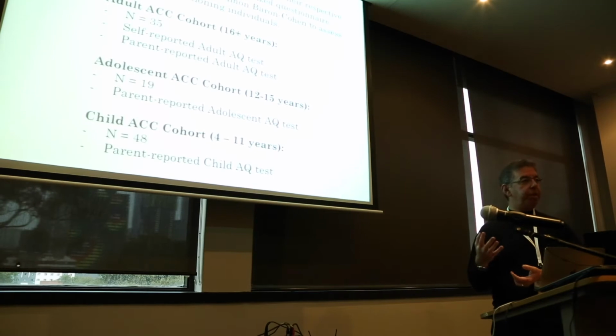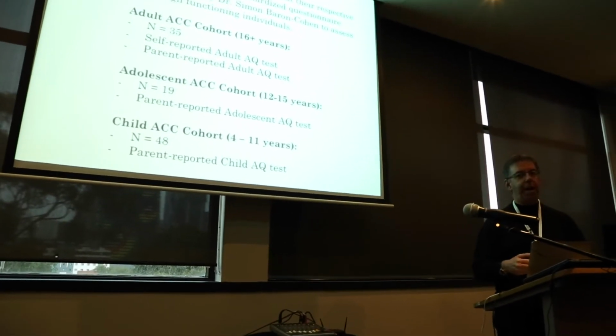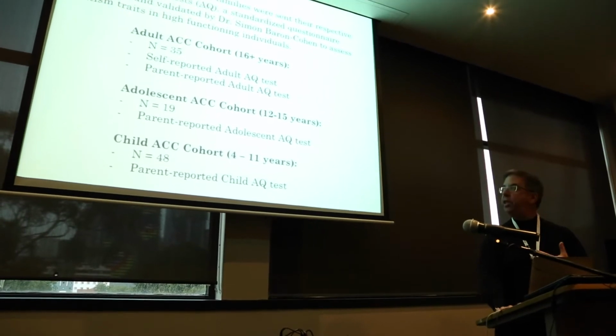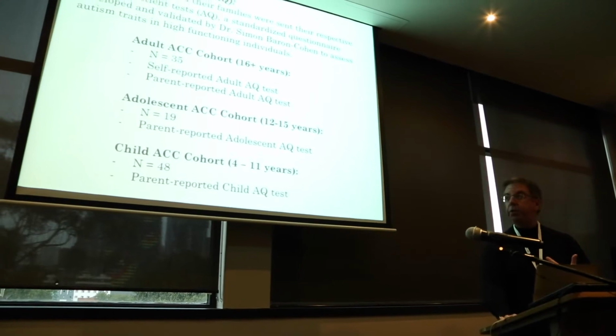And he's designed this to work for higher functioning individuals. So all of these individuals that were in our study, and you can see the numbers here, 35, 19, and 48, were high enough functioning where they could complete this survey, or in the case of children, the parents could complete it about them, to see if we could understand what their risks were for autism.